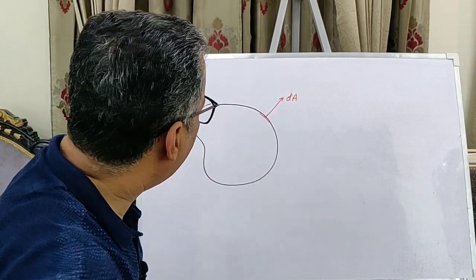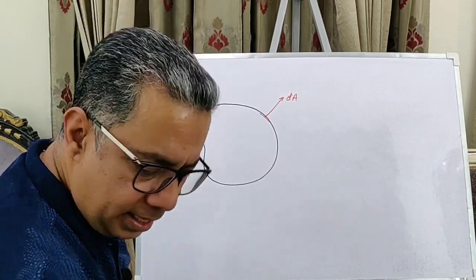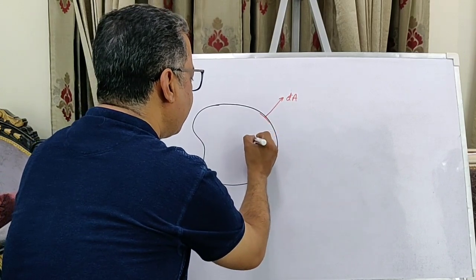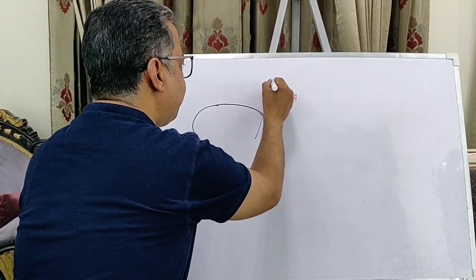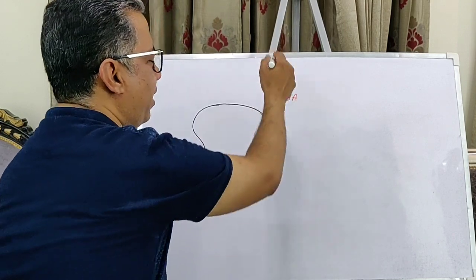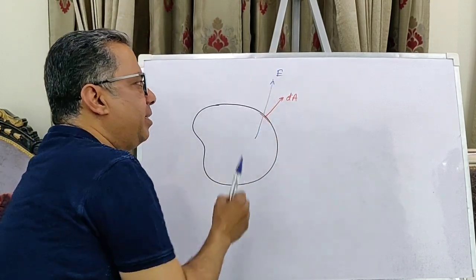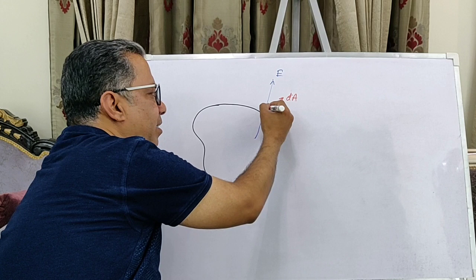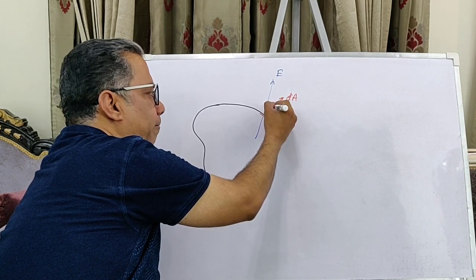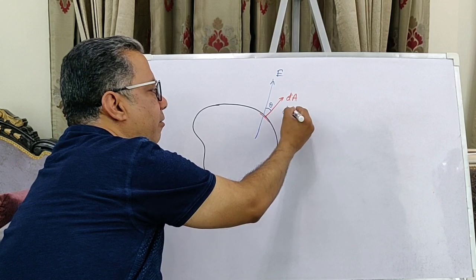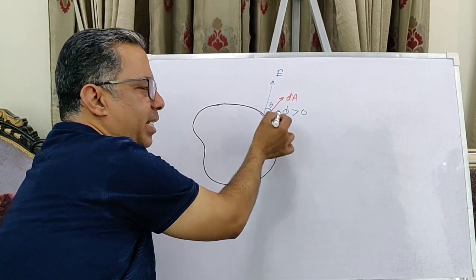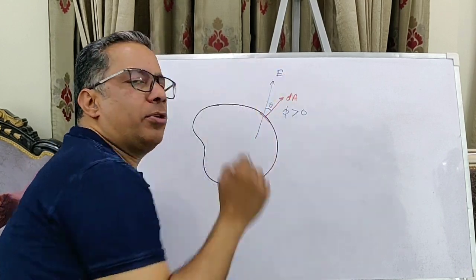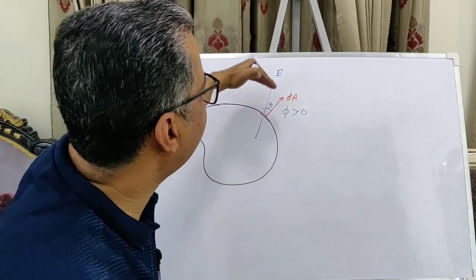So if at any location we have an electric line of force coming outward, that means the electric field is in this direction, then the angle between the electric field vector and the area vector would be an acute angle, and therefore the flux would be positive, because cos theta would be positive. So when electric field lines come out of a surface, they produce a positive flux.